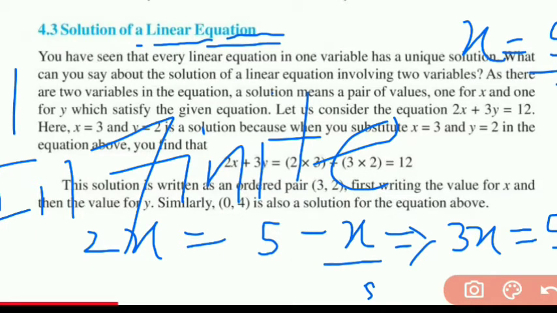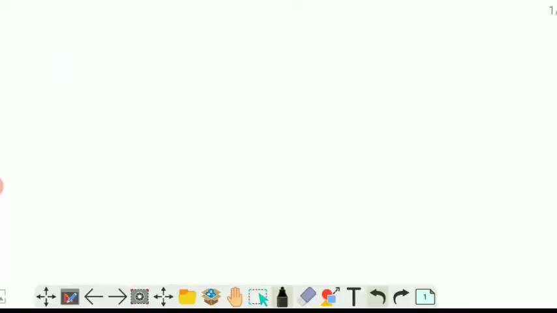Solution means those values of x and y which satisfy the given equation. See the first example.